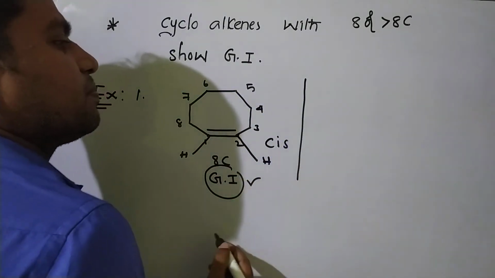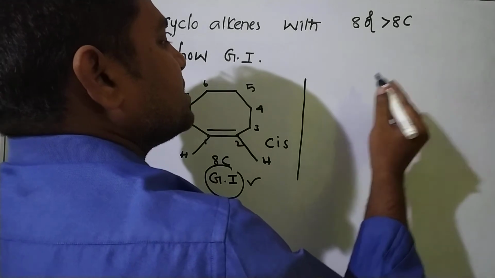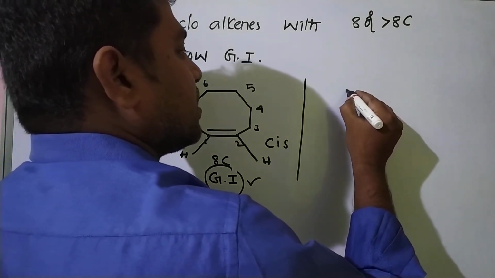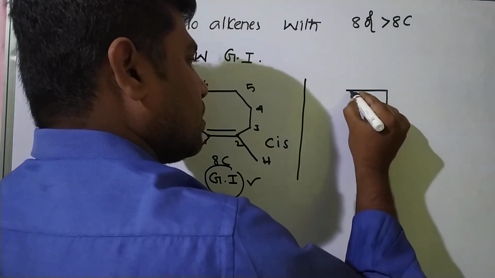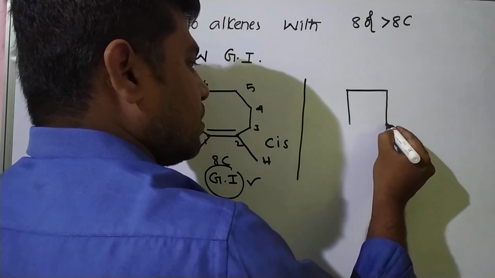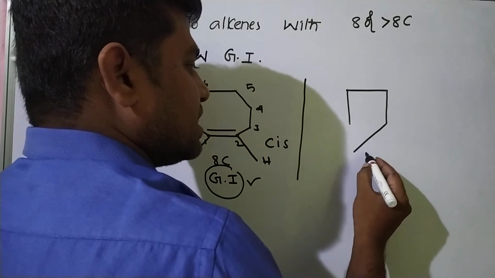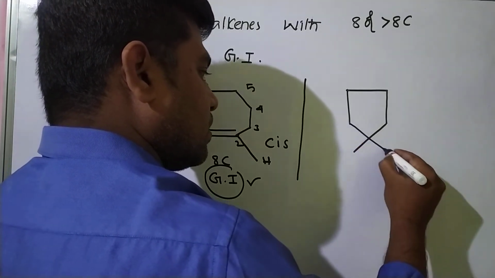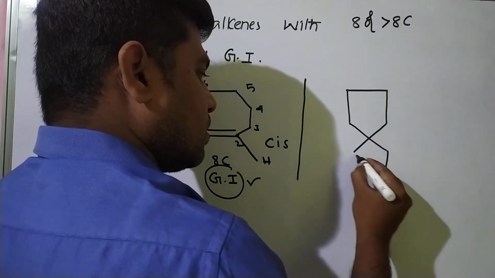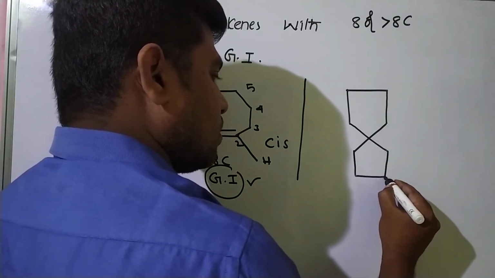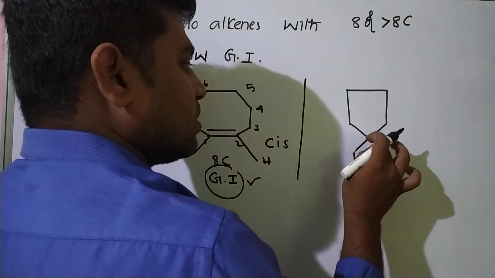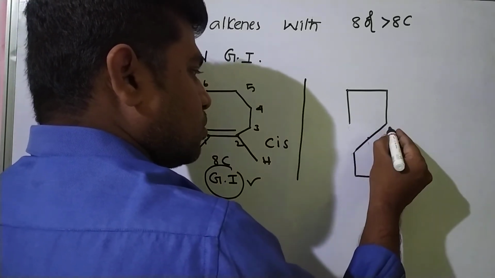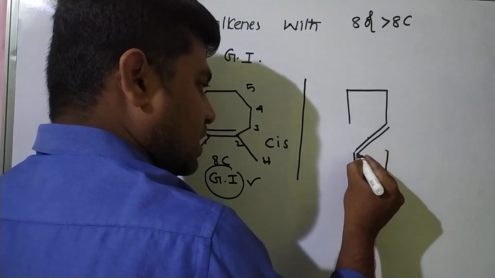Now by changing the experimental conditions, definitely this isomer will exist. See students, this is the carbon-carbon double bond.